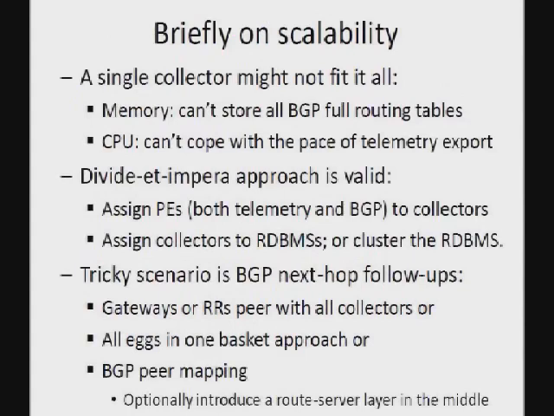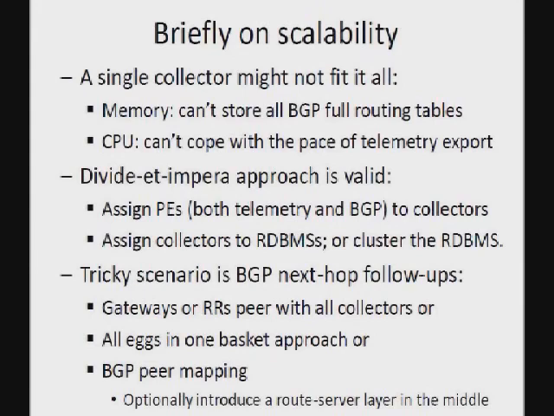Last topic for today, scalability. It's true that you can scale it up very well, because you don't do very fancy things within the collector, but still at some stage you will hit a barrier, which can be memory, so you can't store all the BGP full routing tables in a single box, or CPU, because you have a lot of telemetry data.